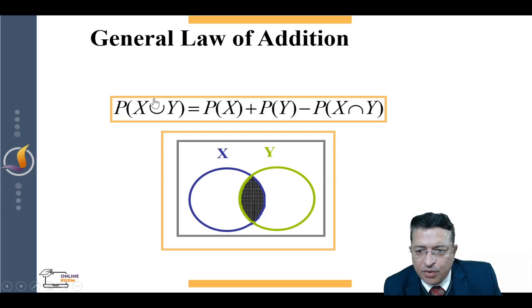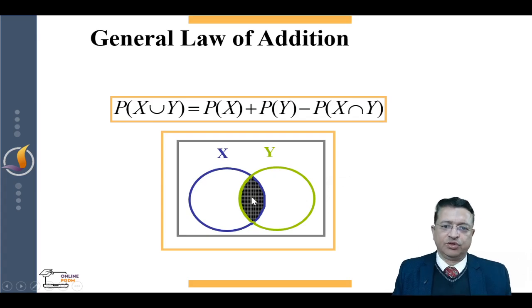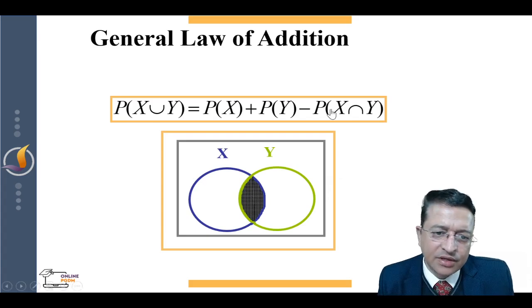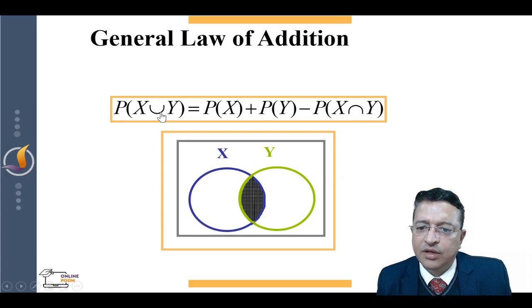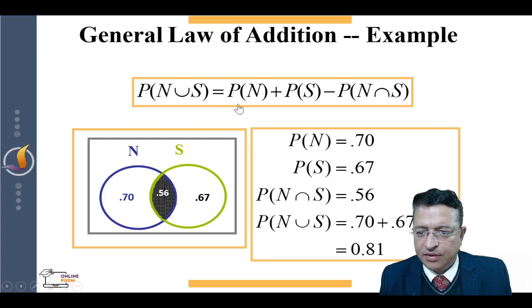When we talk about probability of X union Y, we are talking about this region without repetition. When I talk about probability of X, I have covered this part. When I talk about probability of Y, the second part is covered. So this overlapping part is being counted twice, and we have to subtract it once. Then we get our probability of X union Y.